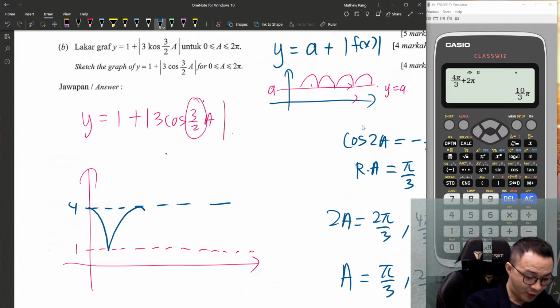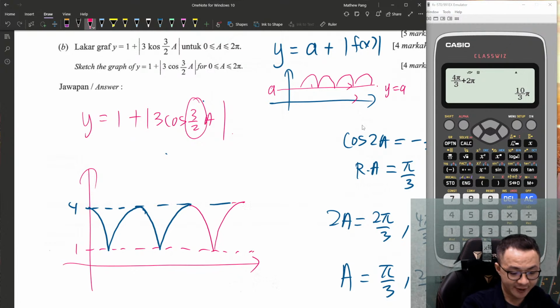So I have 1 cycle like this, and then I have another half cycle. Let me just use the red color one. Another half cycle like this. Okay, so here will end at 2 pi, and then 3 over 2 A equals 2 pi.